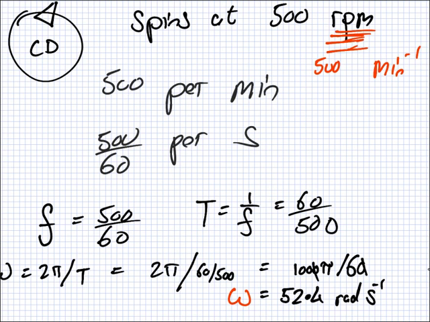In 1 minute, there's 500. It's kind of like per second, which is hertz, except there's 60 of them.